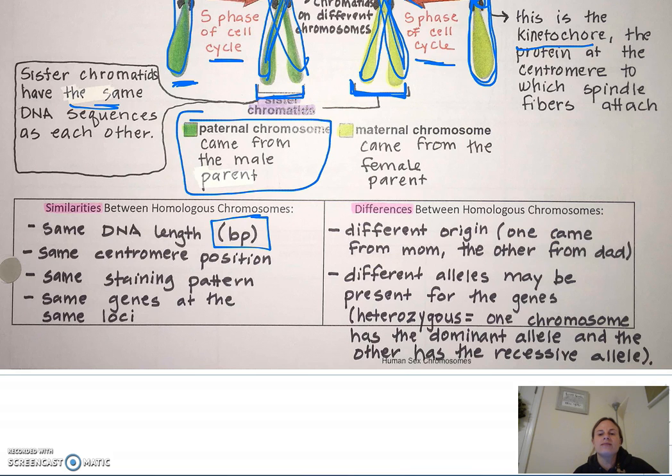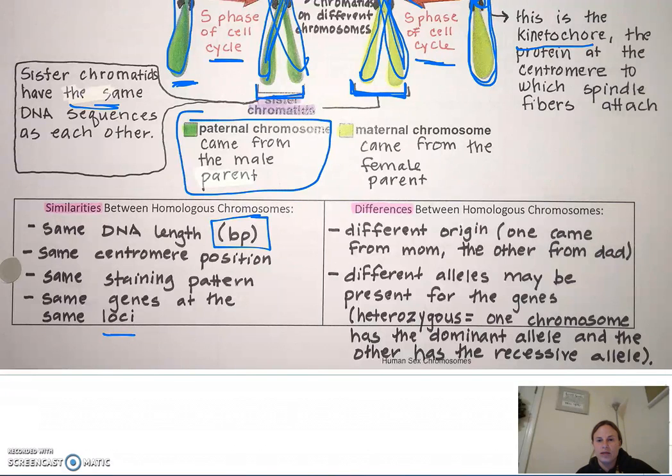They have the same staining pattern. When we do a gel electrophoresis, that DNA would separate into the same staining pattern. Furthermore, the genes are at the same loci, the same location on each chromosome, on the chromosome that came from mom and the chromosome that came from dad.